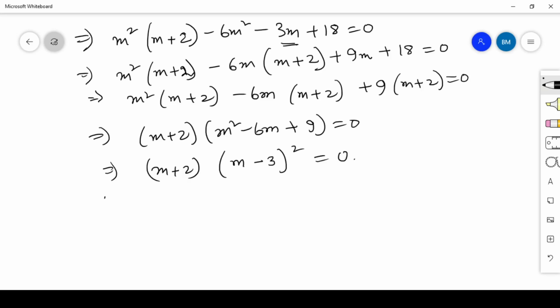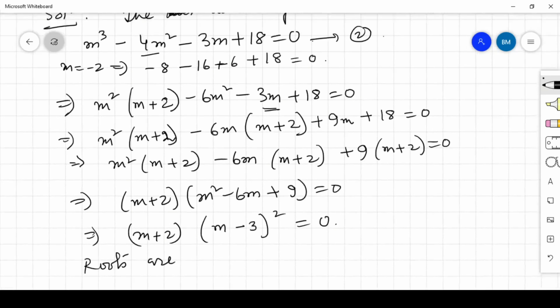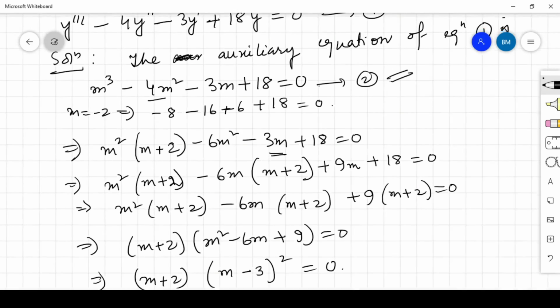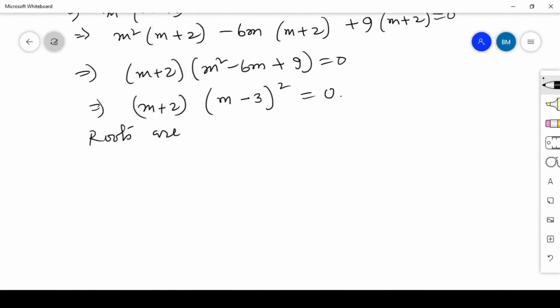So roots are, how many roots are there? 3 roots, because the degree of this equation was 3. But out of those 3 roots, 2 are equal. Roots are m equal to minus 2, 3, 3.